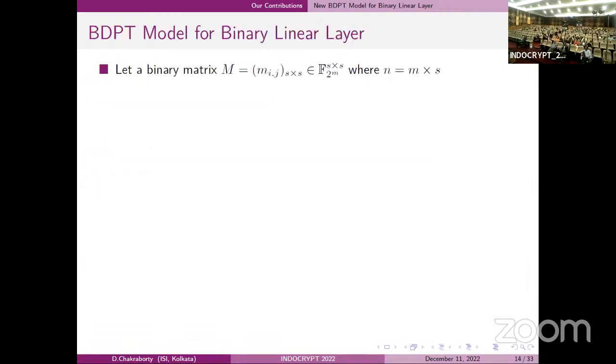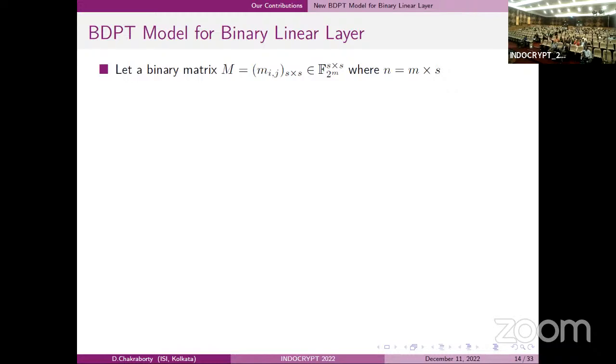First of all, I am going to construct a BDBD model for the binary linear layer. So what is a binary matrix? The mixed column matrix M has entries Mij belonging to F2 to the power n. If each Mij is either 0 or 1, that is, either the zero polynomial or the constant polynomial 1, we call M a binary linear layer.